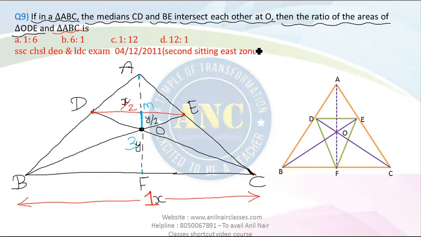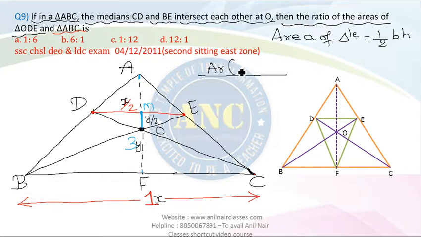Now, why are we doing all these things? Because in general, area of a triangle is given by half into base into height. I want to find the ratio of two triangle areas. Area of triangle ODE is the first triangle, and the ratio is with the area of triangle ABC, the second triangle.